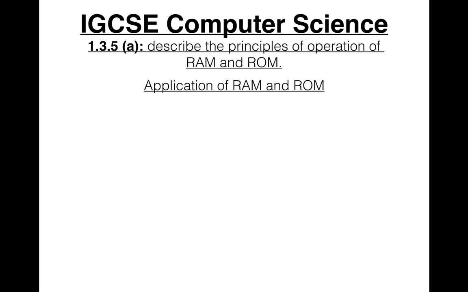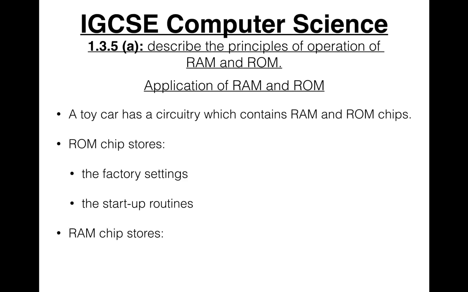So let's go back here, because I think I kind of rushed this. The ROM, remember, is read-only memory. When you make the toy car, you put the startup instructions inside that ROM chip. So it's only read from, it's never written to. That's pretty much what starts up the toy car.